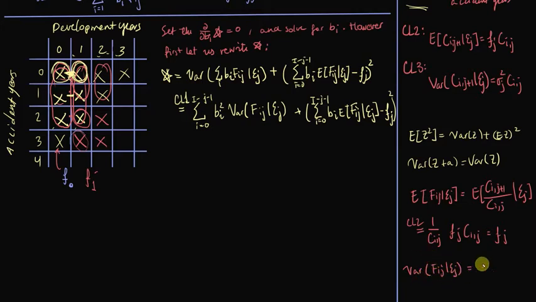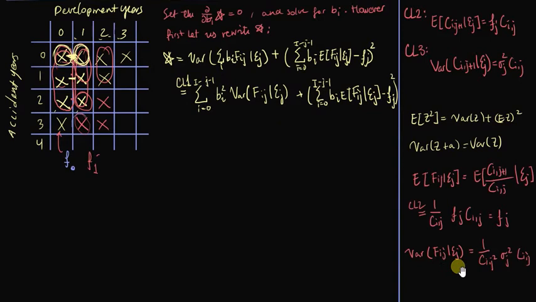However, when we take out 1 over Cij from the conditional variance, we have to remember to square it, and then the variance of Cij plus 1 given epsilon j is just equal to sigma j squared multiplied by Cij, and that is equal to sigma j squared divided by Cij.